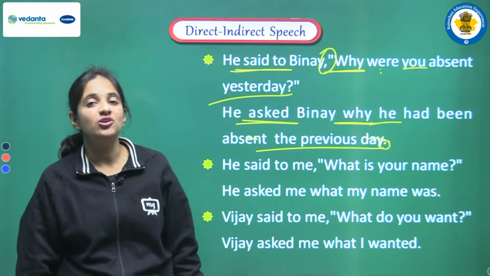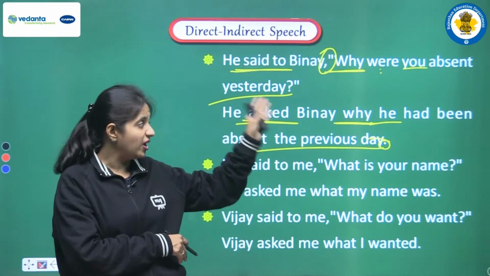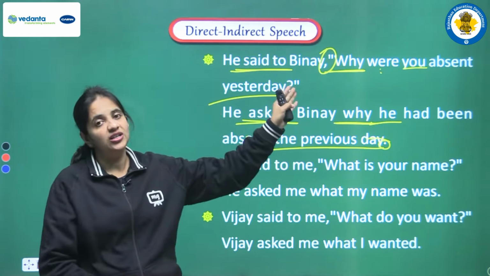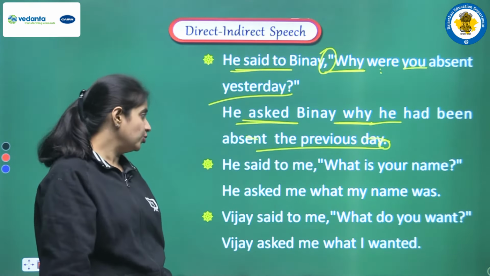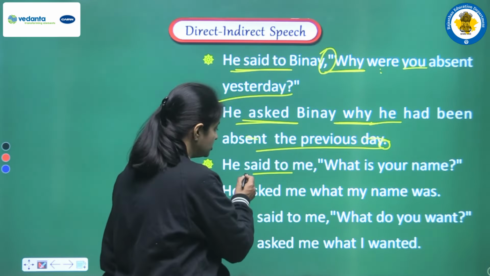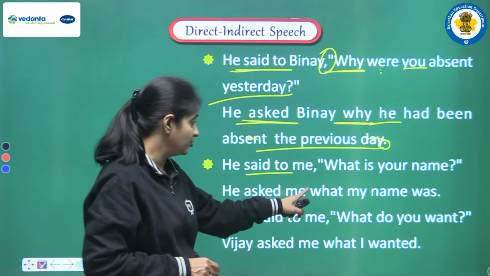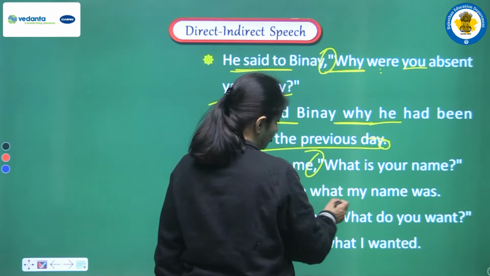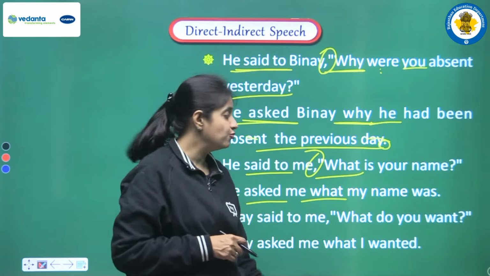Okay students, just to observe all the changes step by step, one by one, we have to do all the changes. Next, he said to me, what is your name? Again an interrogative sentence. "Said to" will be changed into "asked". We write "he asked me". We remove the comma and start the sentence with the same WH word, that is "what".